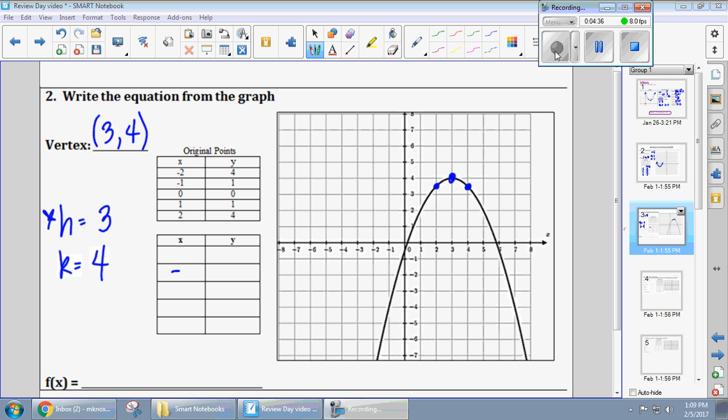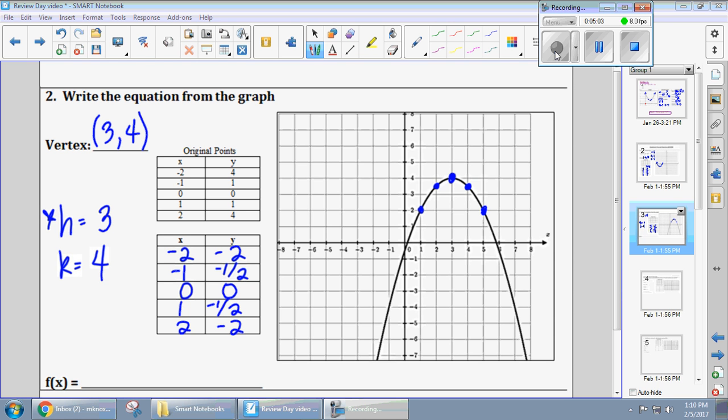So this time when I went back 1, I only went down 1/2. Forward 1, I went down 1/2. When I go back 2, I go down 2. So back 2, down 2. Forward 2 is also down 2.